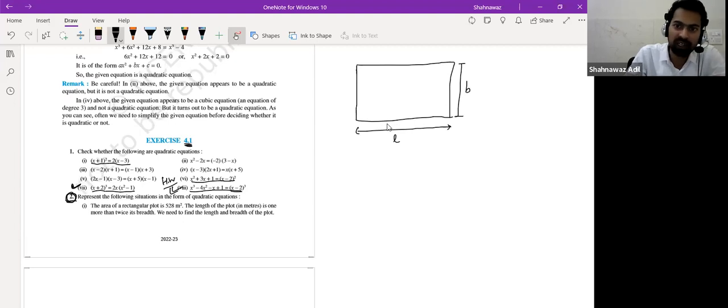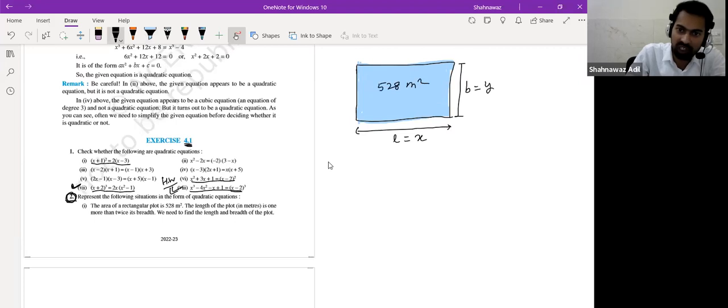And the area is given, which is 528 meters square. Let's say the length is x and breadth is y.